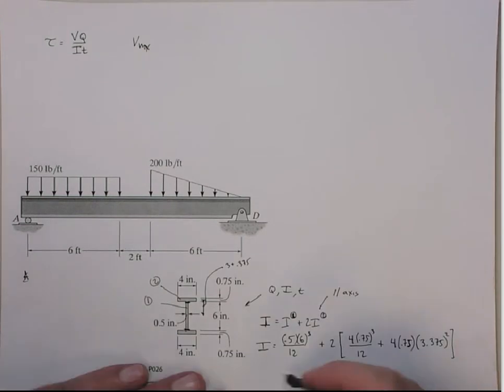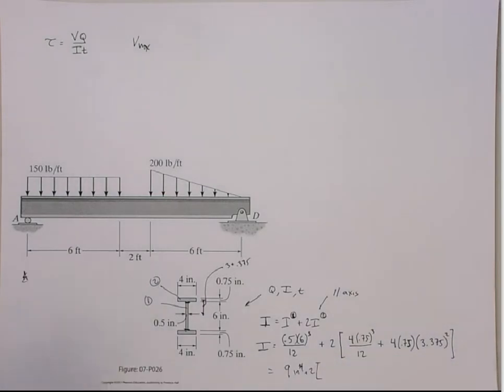So this gives me 9 inches to the 4th, plus 2 times 0.141, that's inches to the 4th, plus this term here gives me 4 enter 0.75 times 3.375 enter, square that times.